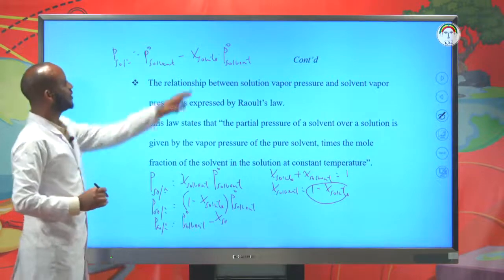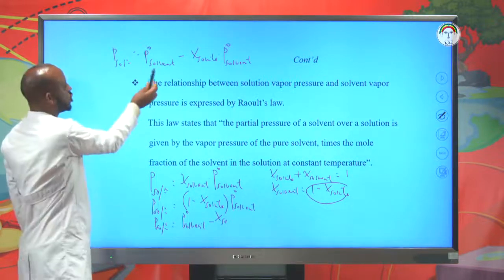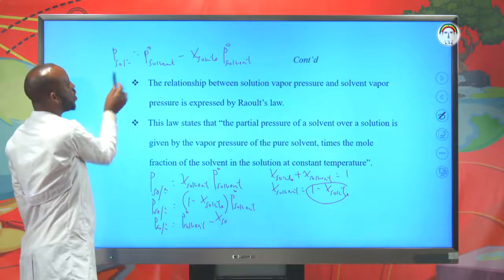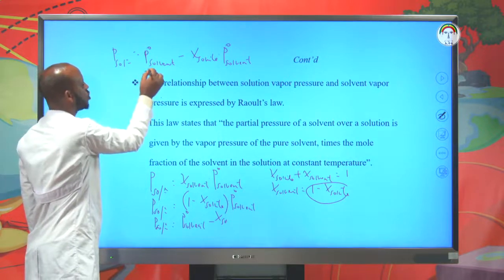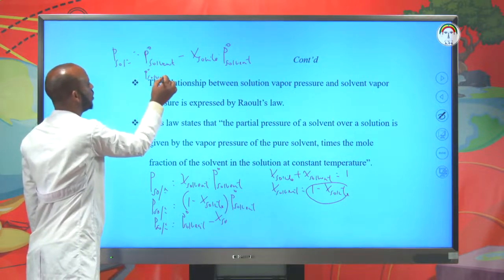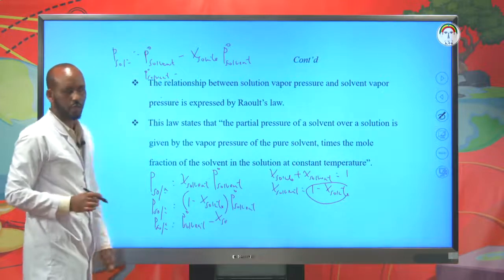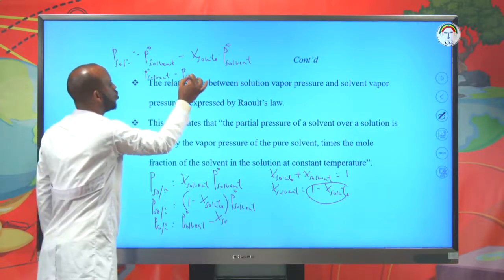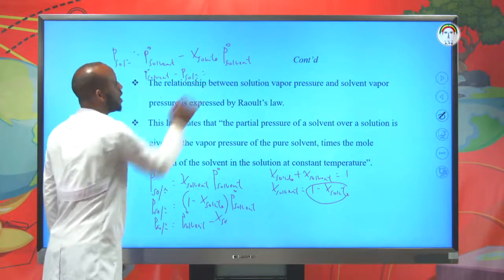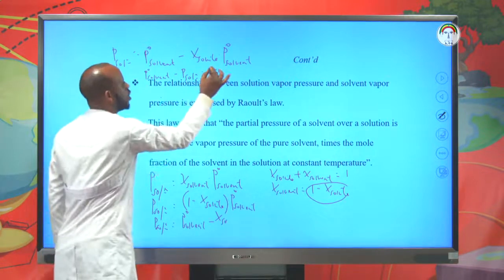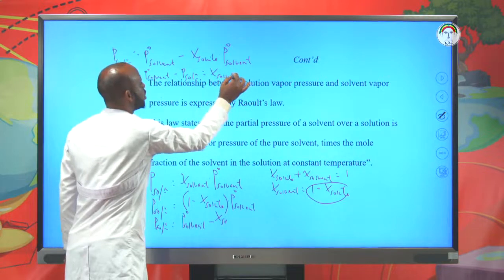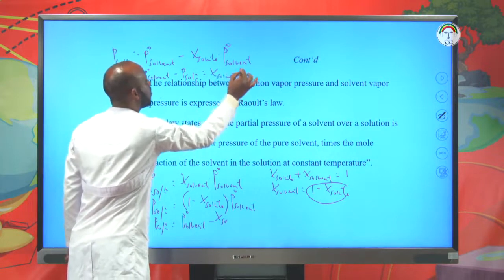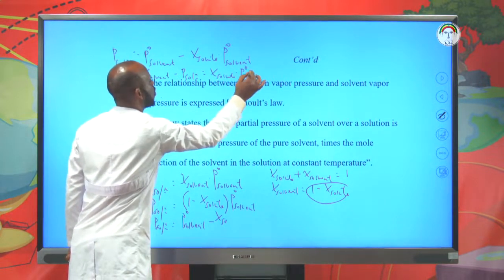We can write this as P naught of the solvent minus P of the solution equals the mole fraction of the solid times the vapor pressure of a pure solvent.